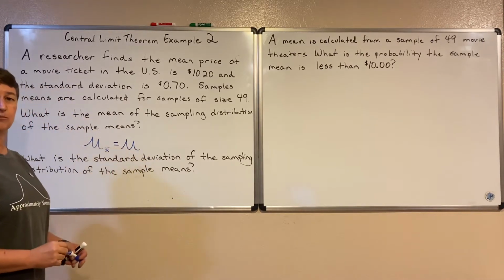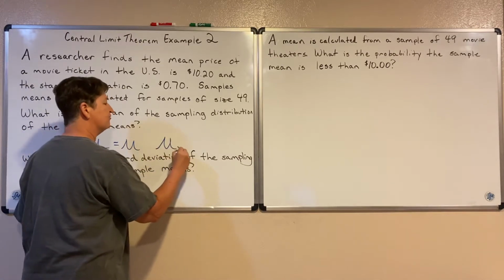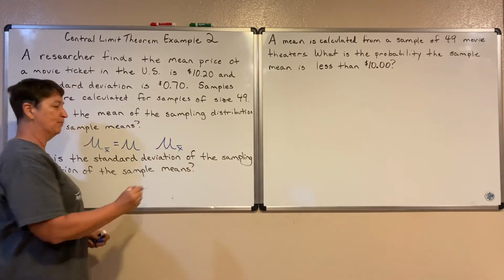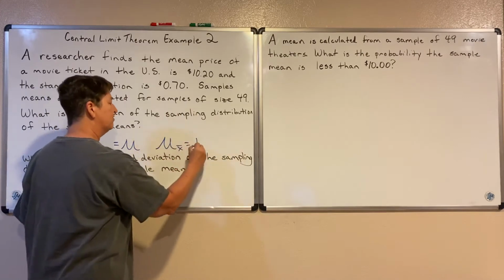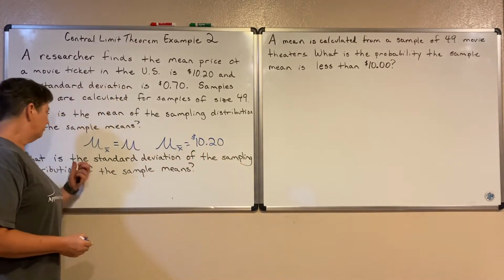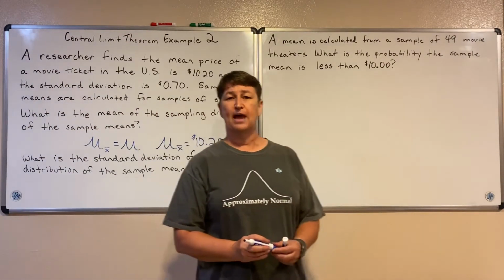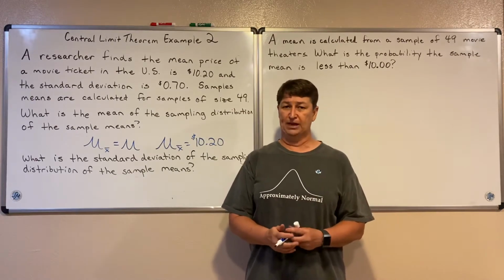That's what the central limit theorem tells us. So that tells me that the mean of my new sampling distribution of sample means is equal to that same $10.20.